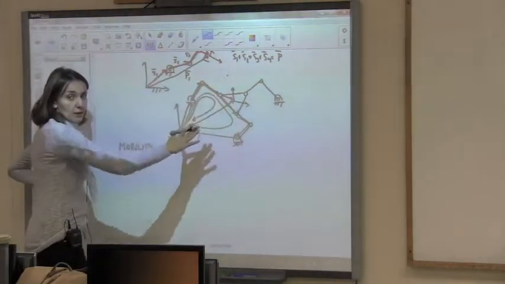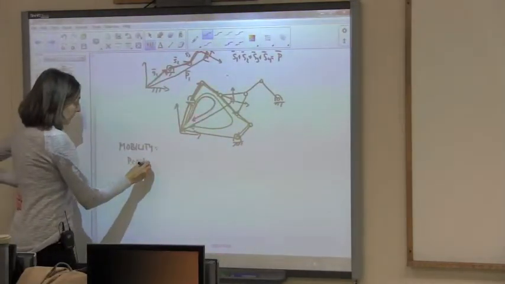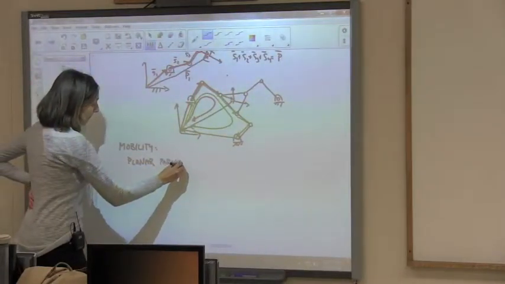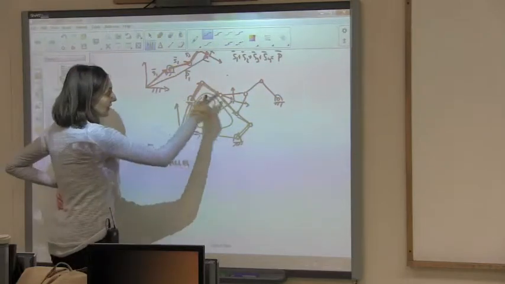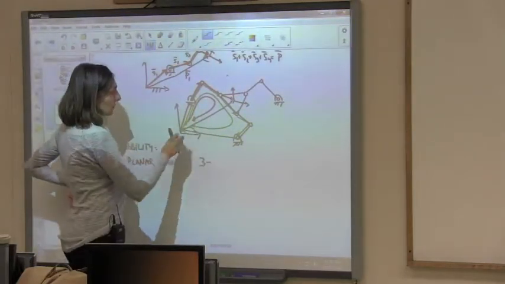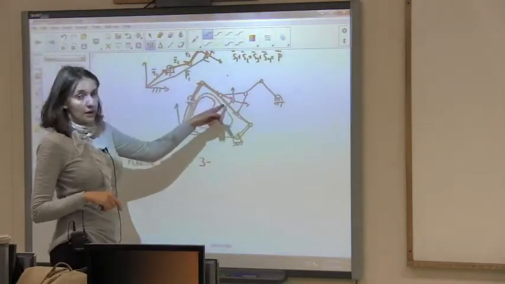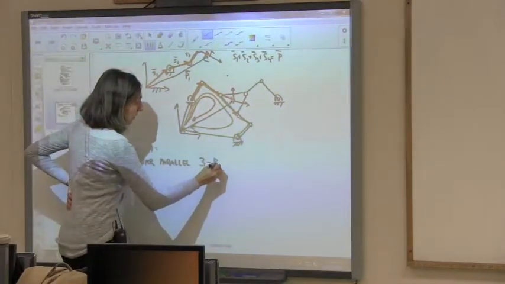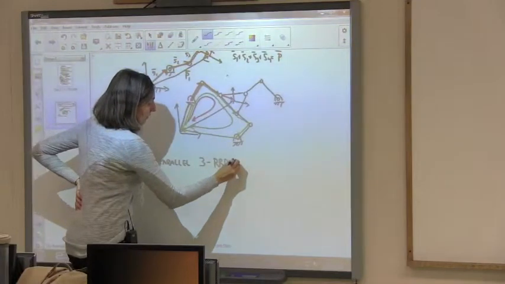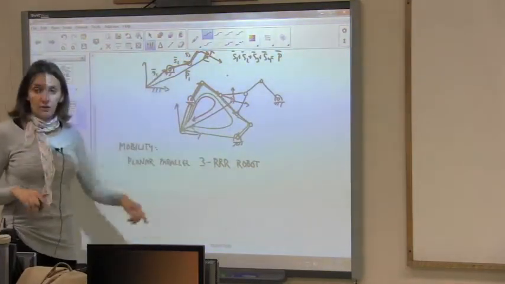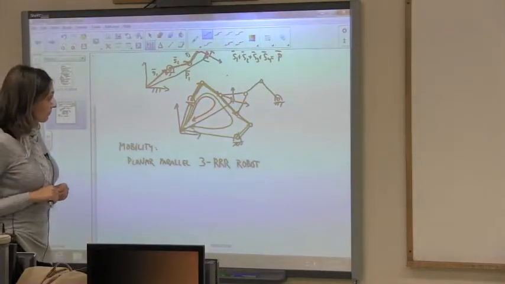It cannot get out of the plane, okay? Parallel, has 3 legs. So we write this 3, and then you state the topology of each leg. R, R, R. 3RRR robot. That means it has 3 legs, and each of them has 3 revolute joints.